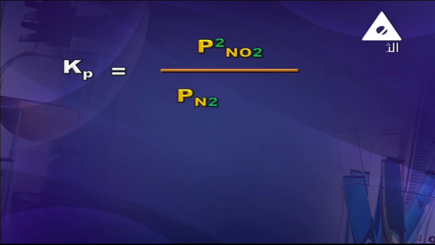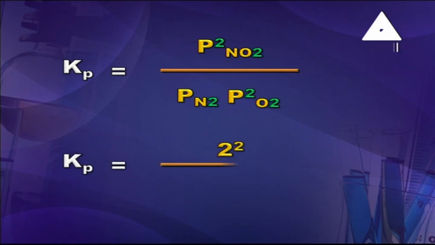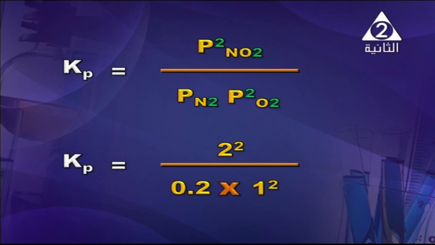Solution: Kp for the reaction equals the pressure of nitrogen dioxide to the power 2, over the pressure of nitrogen times the pressure of oxygen to the power 2. So Kp equals 2 squared over 0.2 times 1 squared, so it gives 20.